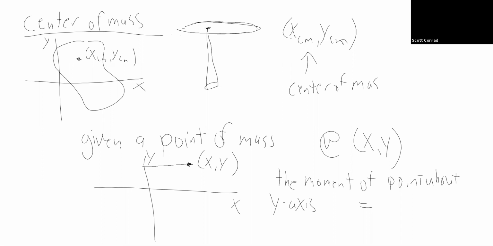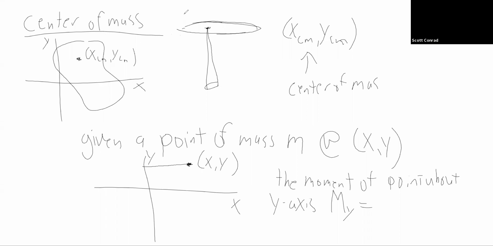So let me say the mass is little m, just so we don't mix this up. So the moment capital M about the y-axis is just the distance of our point from the y-axis.